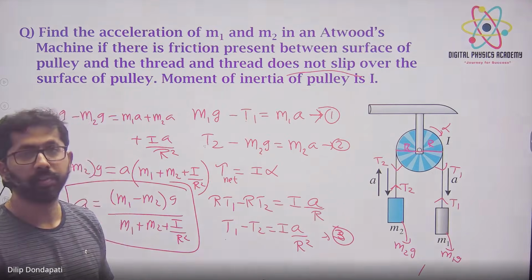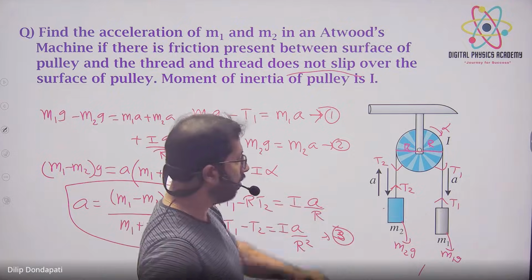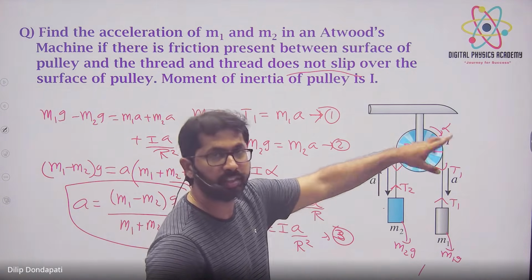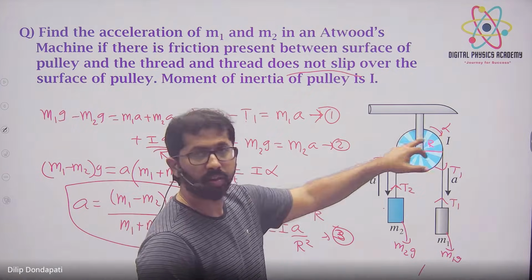Sir, if both the masses are at different distance from the pulley, then how do you do? Both masses at different distances, मतलब the different radiuses or distances. See, पुली का रेडियस तो सेम है ना. Yeah, R will be same or not?